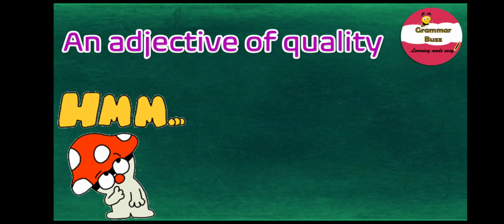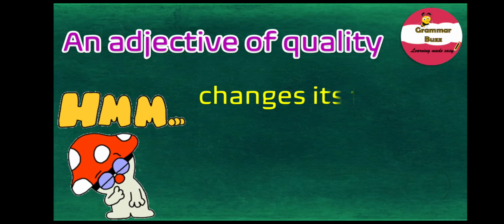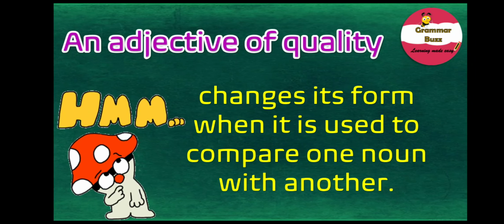Adjectives of quality can change their form when used to compare one noun with another. Wow! That's really cool. They can change their form. Can you tell me what are the three different forms of comparison? Can you? Hey, you're right. They are positive, comparative, and superlative degree. Good job.